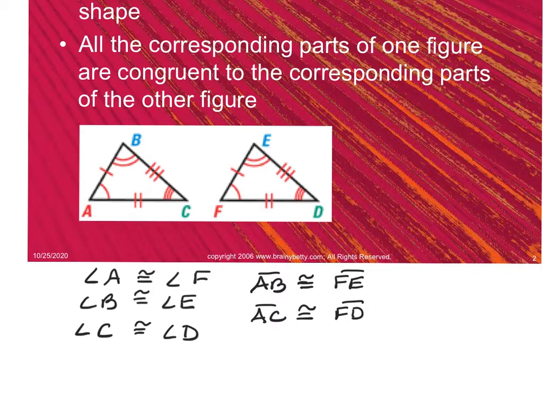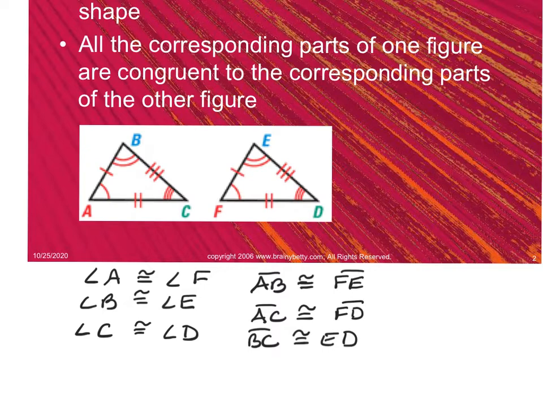And then lastly, the one with the 3 lines, BC, is congruent to ED. So this is the type of answer you would provide if they ask you to match all of the corresponding parts. Now, you might also be asked to write a statement of congruence.